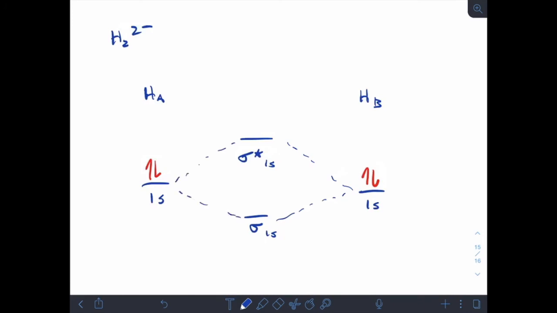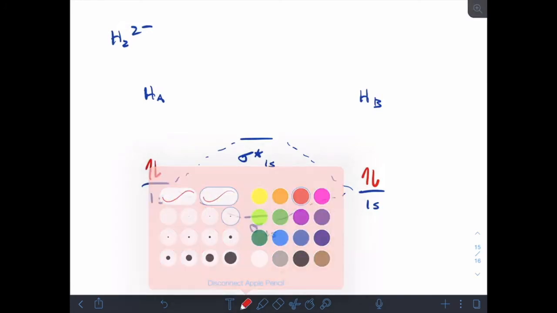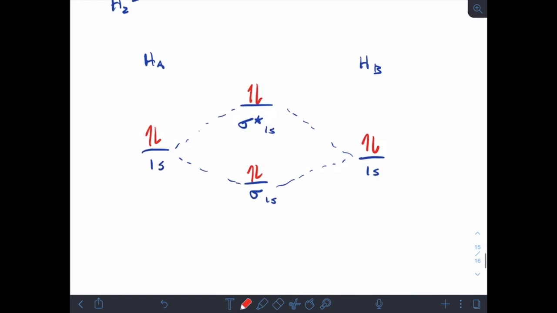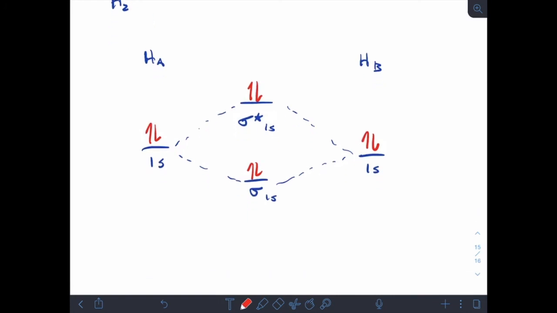So I've got 4 total to put in the central part of my drawing. I'm going to fill from the bottom first. So I've got 1, 2, 3, 4. I take the total number of electrons from the outsides and put them in the center of my drawing.